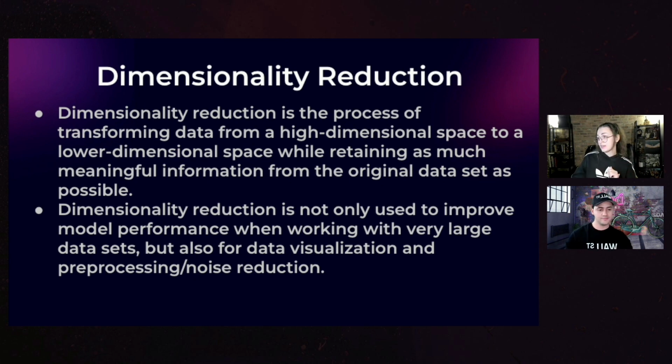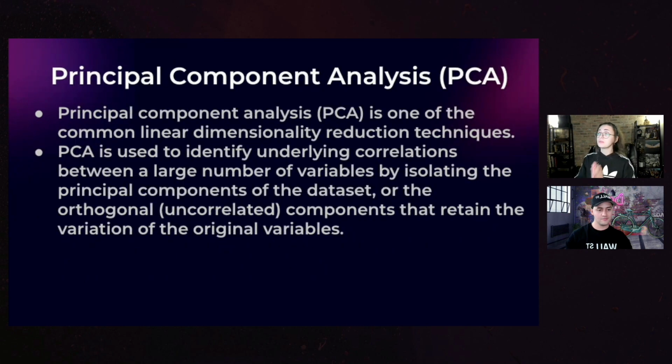Yes. Okay, so principal component analysis is, I think, the most common linear dimensionality reduction technique, but I don't like to talk in absolutes. But it's an extremely common linear dimensionality reduction technique. And we use it to identify underlying correlations between a large number of variables. And we do that by isolating what's called the principal components of the data set.